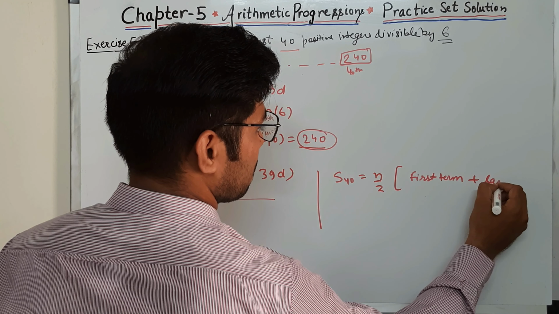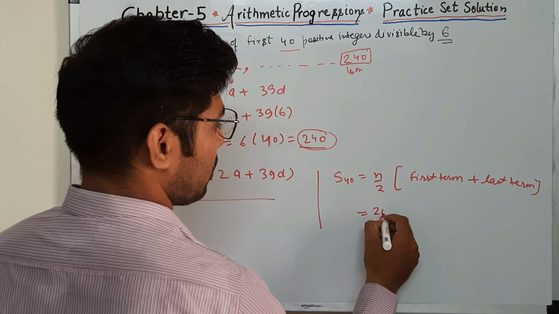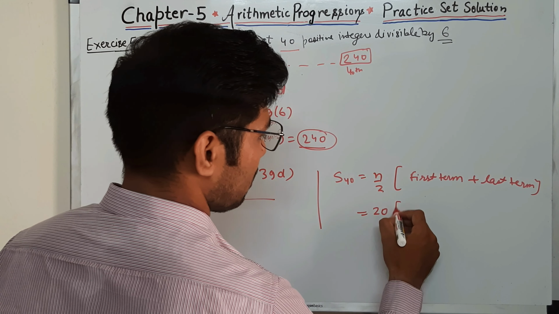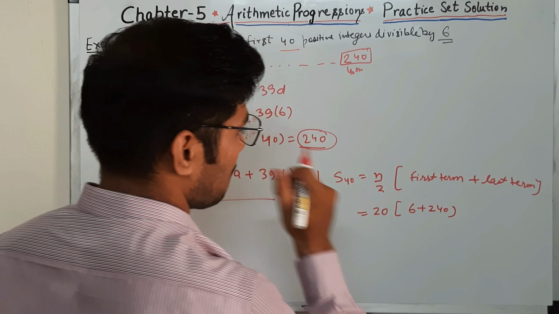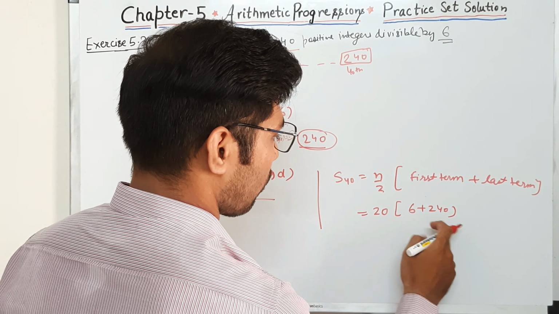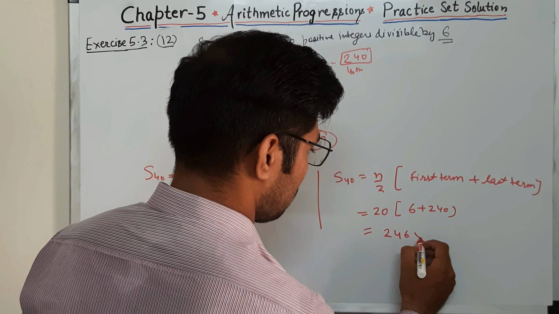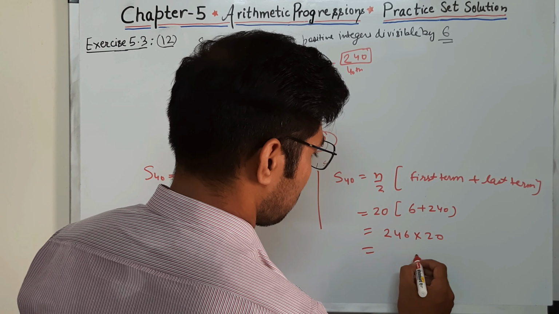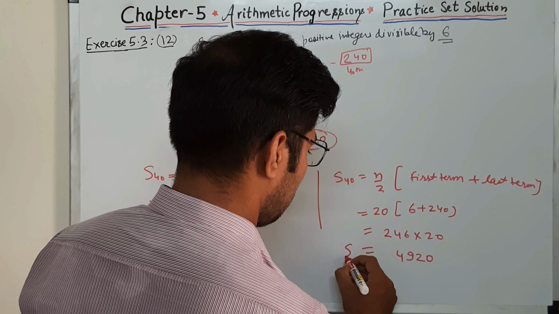Let's try with this one. This will be 20, 40 by 2 is 20. First term is 6 and last term is 240. Now this is 246. 246 into 20, so we get 4920.